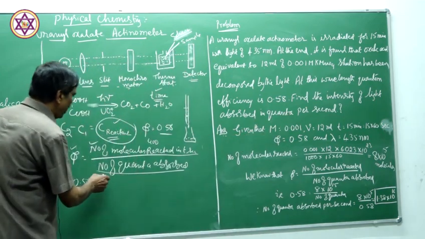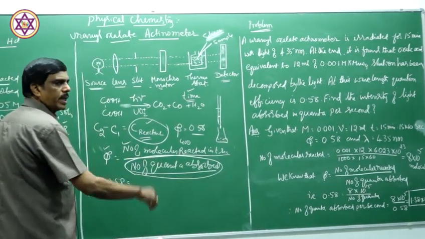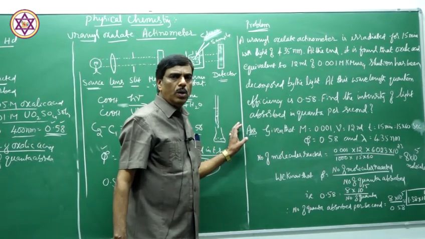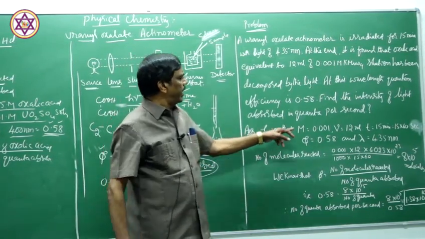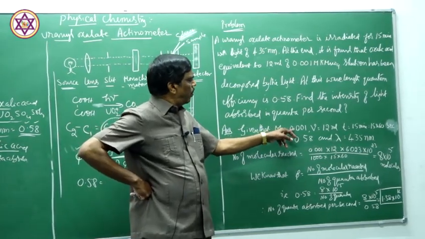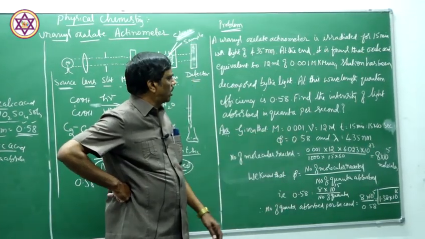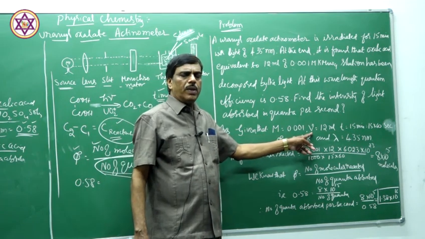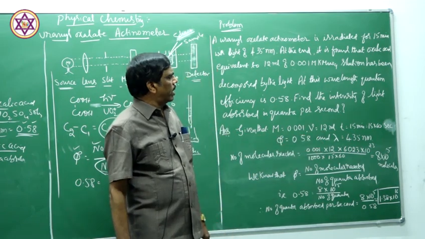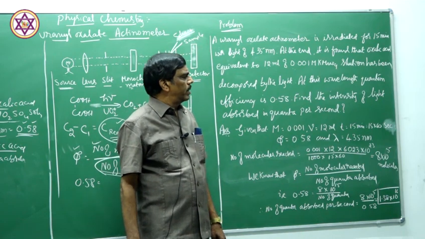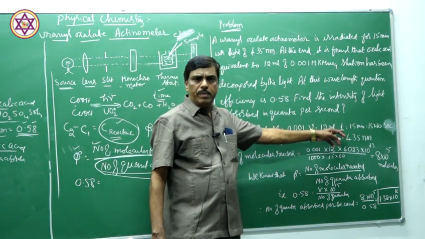You have to find out the number of quanta absorbed, that can be calculated using the formula. Now, to answer this, given that molarity of the solution is 0.001 molar, volume of the solution is 12 ml, and the time duration of the irradiation t is equal to 15 minutes.